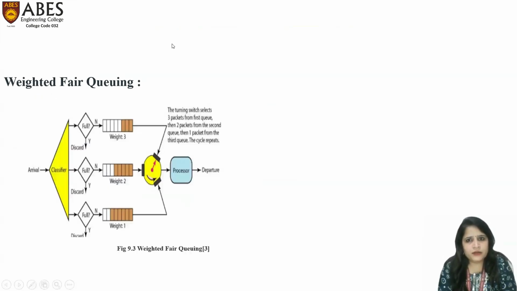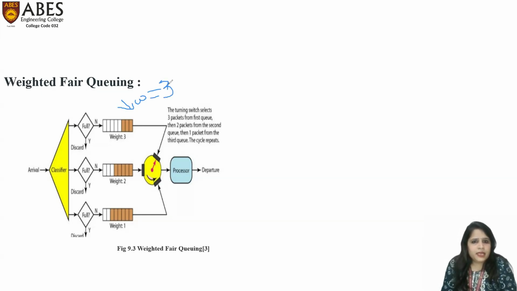According to that flow chart, we use queues. For the first queue the weight value is 3. It means that at a time the turning switch selects 3 packets from the first queue.